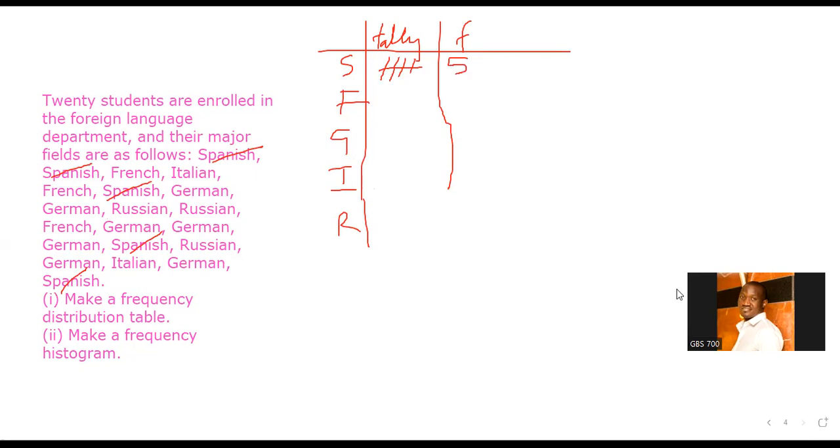All right. Then we can go to the French. How many are they? 1, 2, 3. So this is 3. All right. We can go to the German. How many are the Germans?